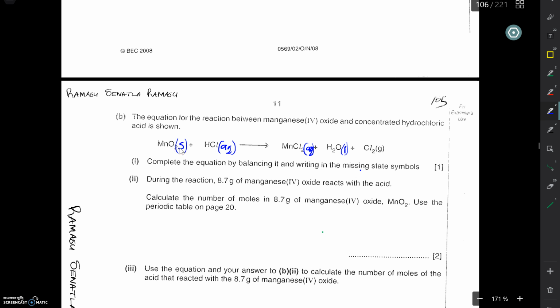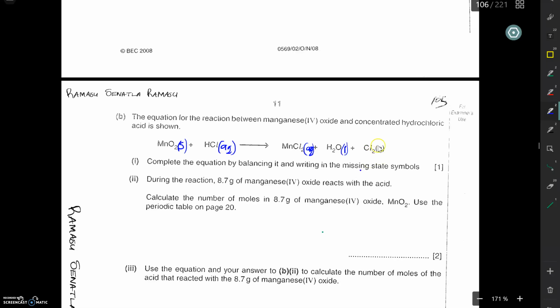Now to balance this out, we need to make sure that the number of particles of a particular element on the left side equals the number of the same element on the right side of the equation.